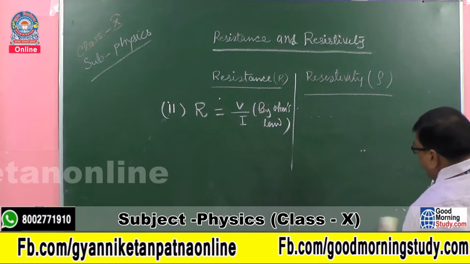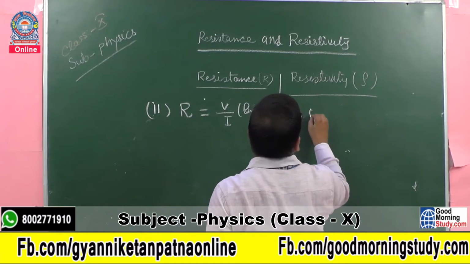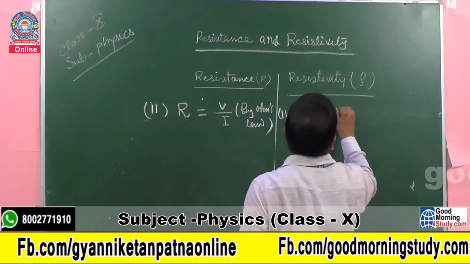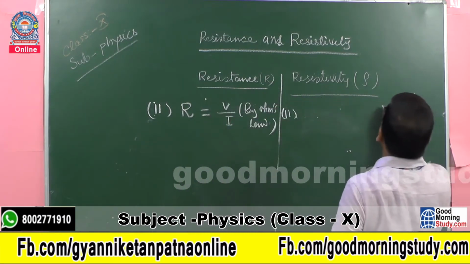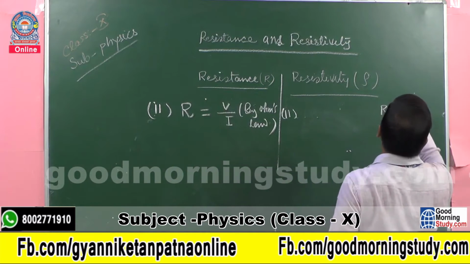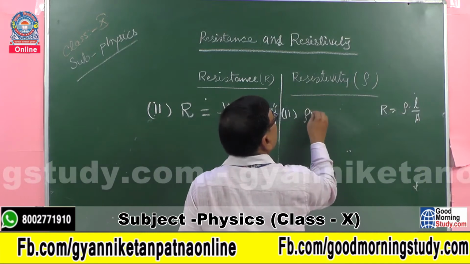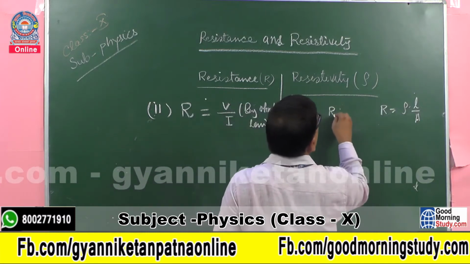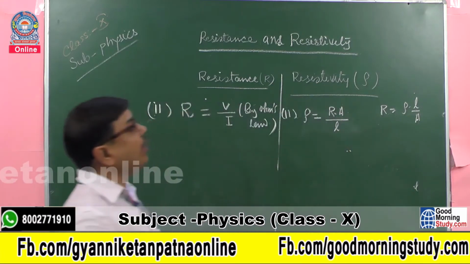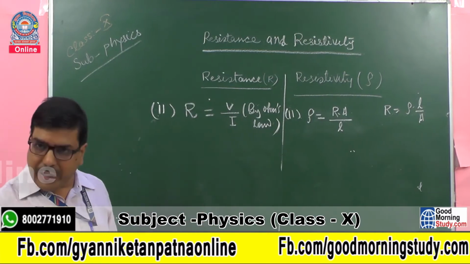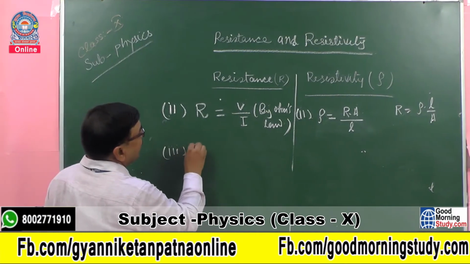But here in terms of R, rho is equal to R. So how can we find? First of all, just try to see here. R is equal to rho into l by A. So from this formula, rho is equal to R into A divided by l. This is the formula of the resistivity. Understand?